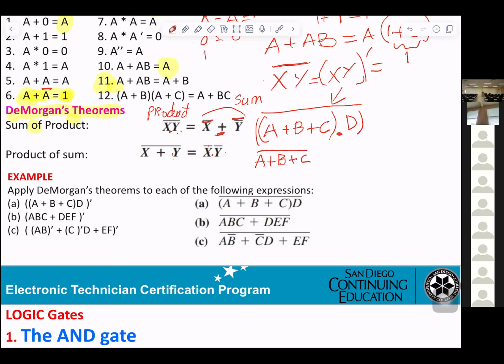And they convert it to the or. D, not D. That means I want to break the bar over.